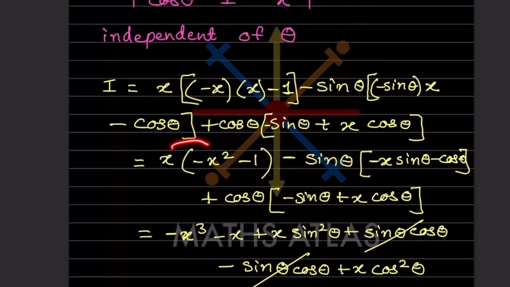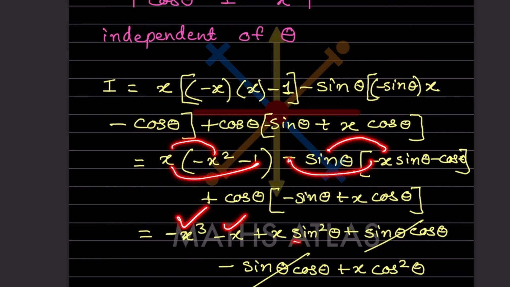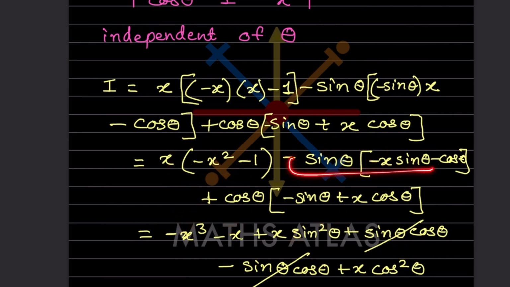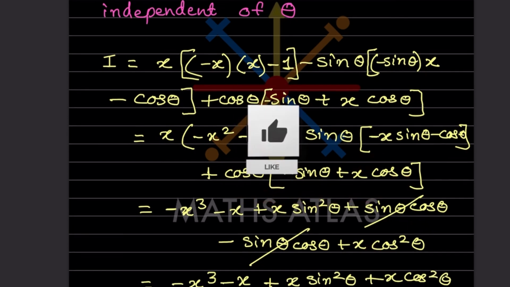Now we will expand this one: minus x cube minus x, and minus minus will be plus x, and sine into sine is sine square theta, minus minus again the plus 1, sine theta cos theta. Then this into this will be plus minus is minus sine theta cos theta, plus here this into this, that will be x, and cos into cos, that will be cos square theta.